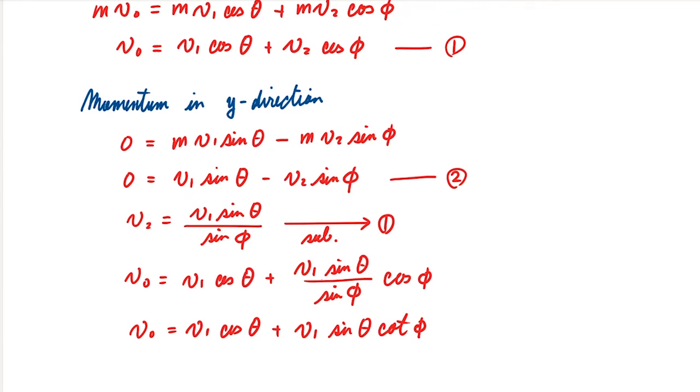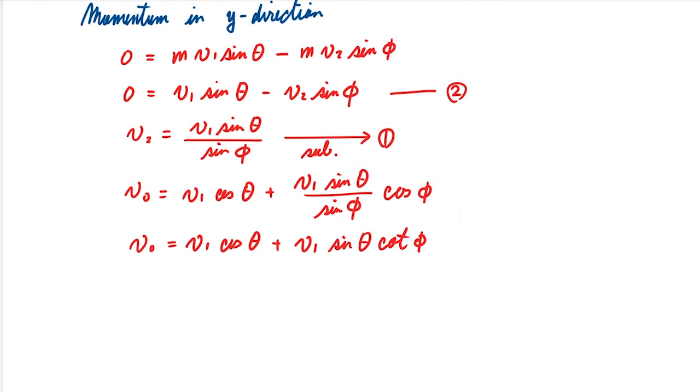Do you want to do it this way or find the common denominator? I can do it either way; they give you the same answer. Taking the common factor V1, we have cosine theta plus sine theta cotangent phi.